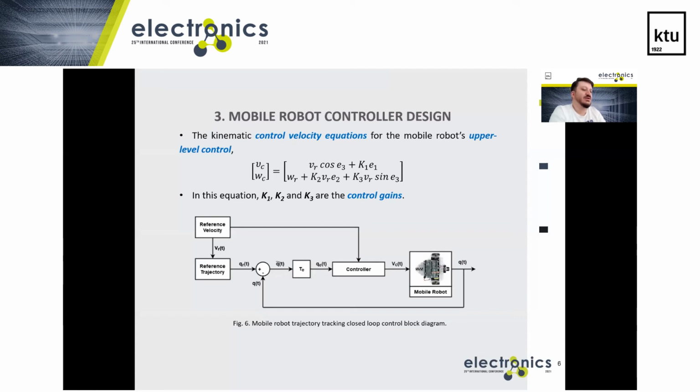We are working on a horizontal plane, so this transformation matrix is a Z rotation matrix. The controller uses this posture error in the local coordinate system of the mobile robot and tries to eliminate it while producing the control velocities, angular and linear velocities, and the mobile robot produces the new actual posture.